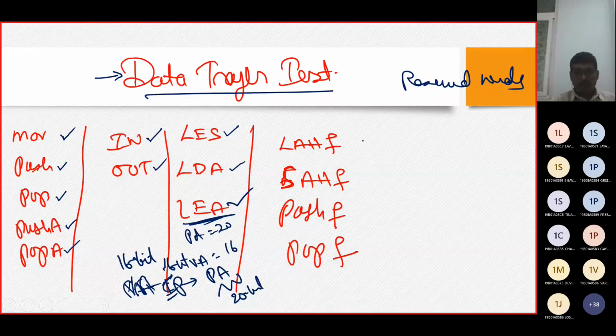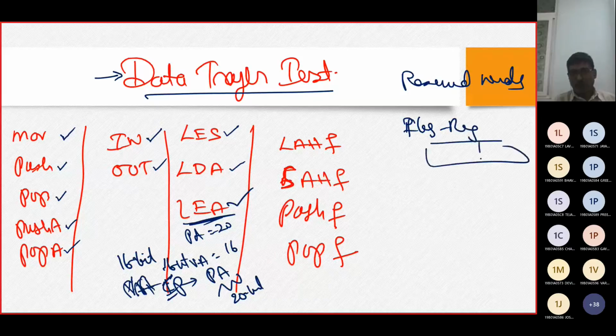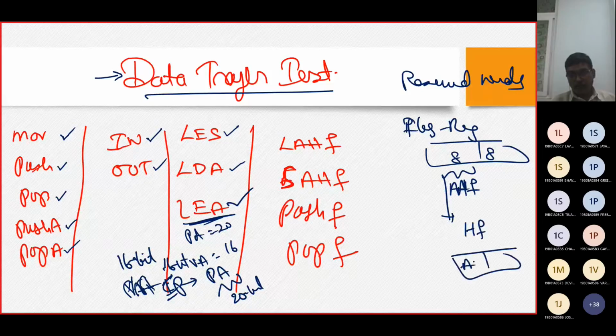And then we have a flag register, and it is going to have two parts, 8 and 8. We call it the high order bits of the flag register, and these high order bits are moved to the AH register, that is towards the accumulator.